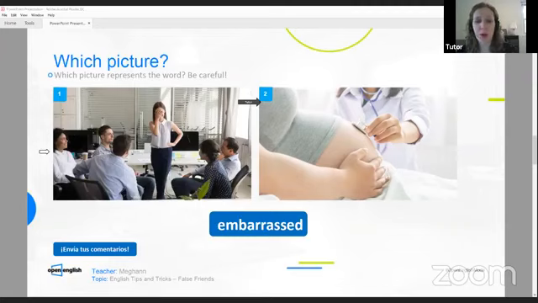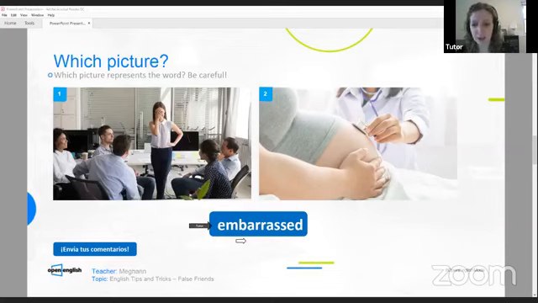In picture number 1, we see a woman at work. She is covering her face. Maybe she made a mistake. And in picture number 2, we see a woman at the doctor's office. She is preparing to have a baby. So what do you think? Embarrassed, picture number 1 or picture number 2?